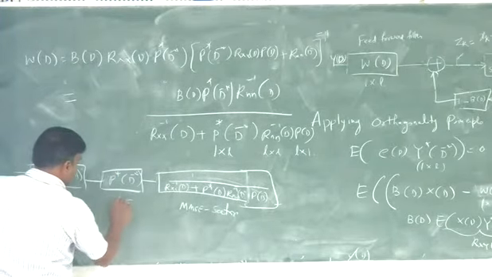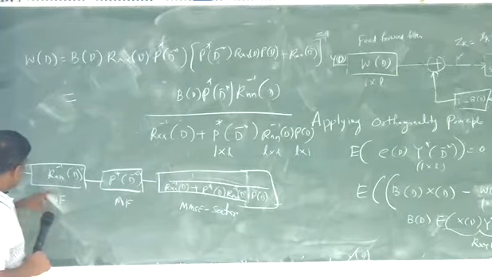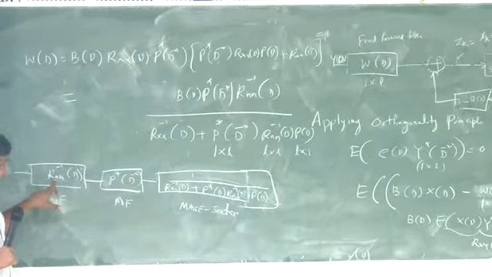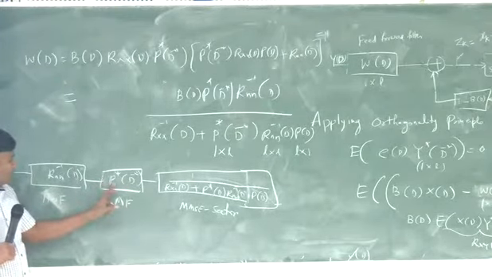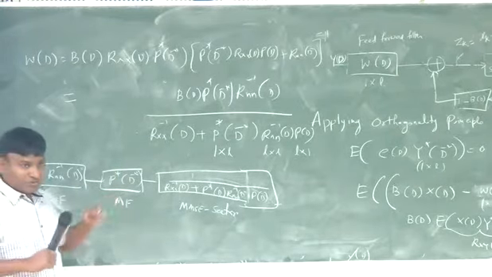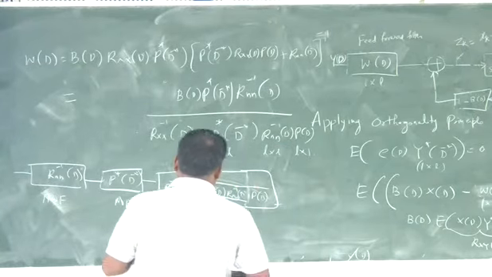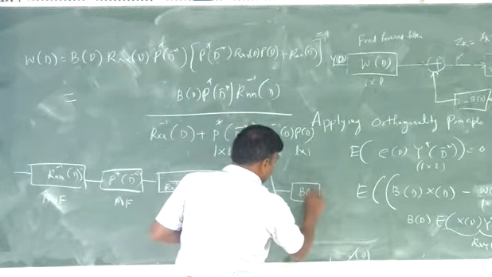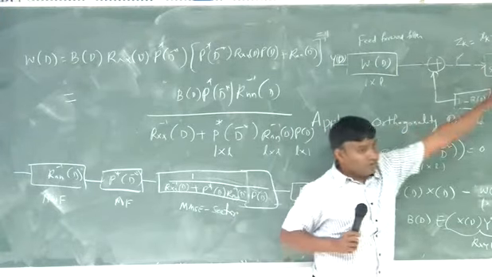Of course, they are all vector discrete time filters. Strictly speaking, you have to do a Cholesky decomposition on Rnn and write it as L L Hermitian, and you put L inverse as the noise whitening filter, and then L inverse P is the whitened match filter. So you can do a further split of this filter, but we'll leave it like that. We'll come to that later. Then followed by B of D, and then plus the rest of the receiver powers.